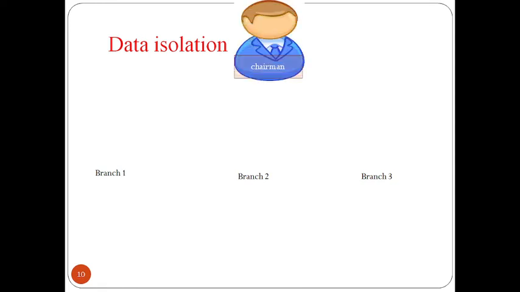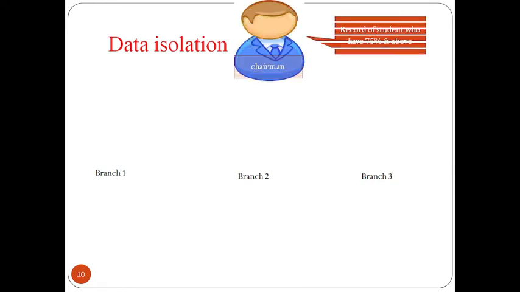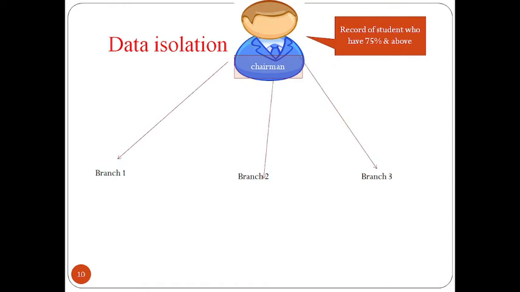Suppose there is a chairman of an enterprise, and he wants to access the records of students who secured more than 70% of the marks. He owns many branches, like branch 1, branch 2, branch 3.